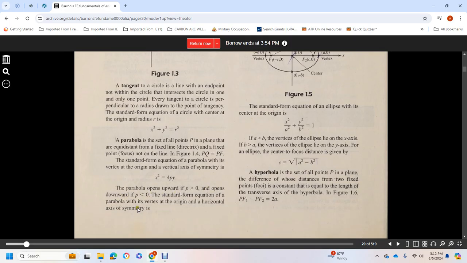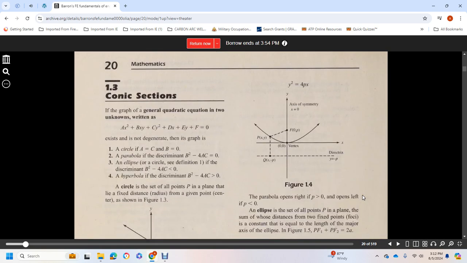The standard form of the equation of a parabola with the vertex at the origin and horizontal axis of symmetry is y squared equals 4px. The parabola opens right if p is greater than 0, and opens left if p is less than 0. It shows the axis of symmetry, x equals 0 or y equals 0, with the focus F at (0, p), the vertex, the point P(x, y), and the directrix y equals negative p.